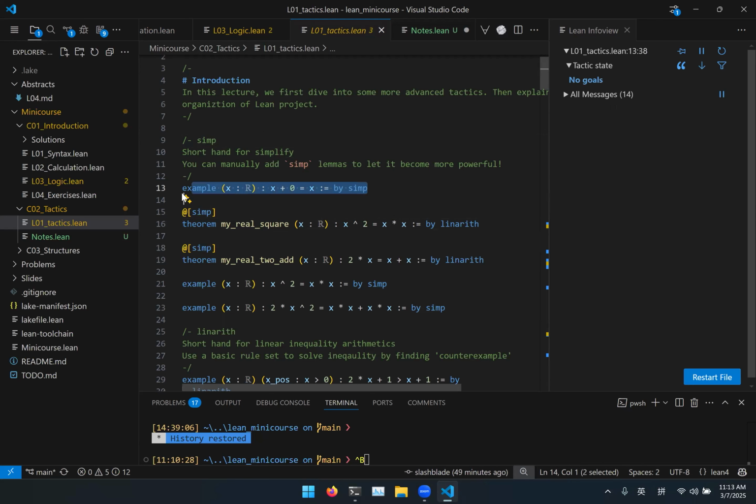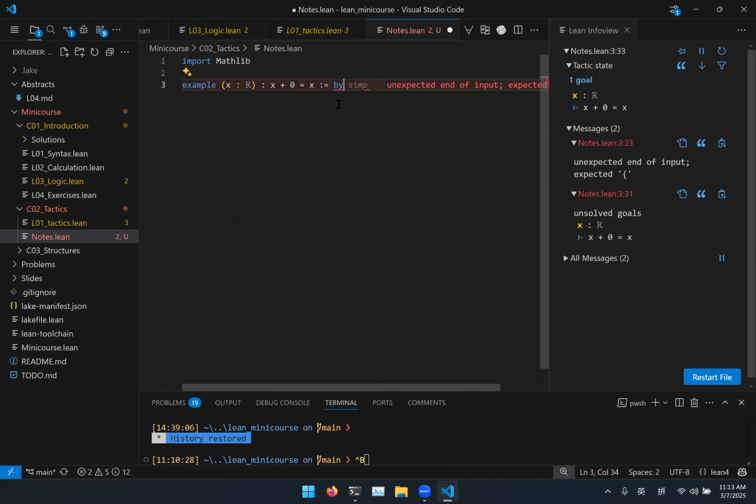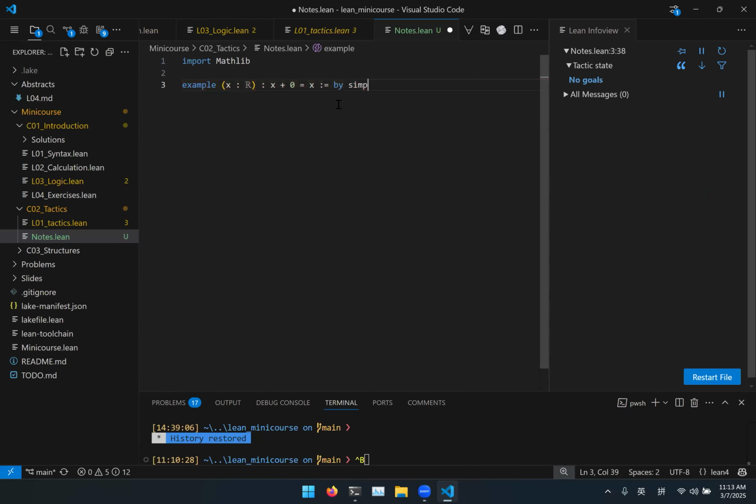For example, we can see from this example. Here we can use simp to solve the goal, and simp is enough. We want to see what exactly simp does.